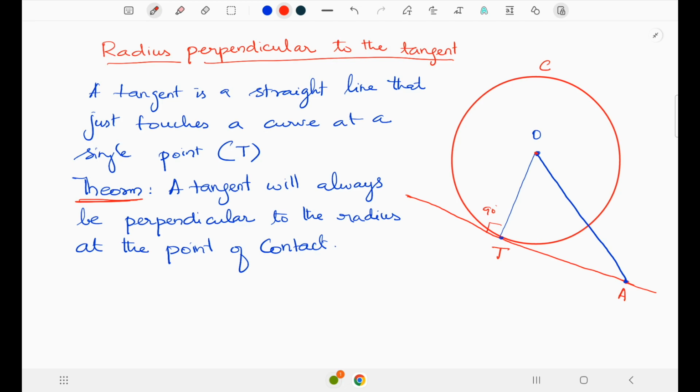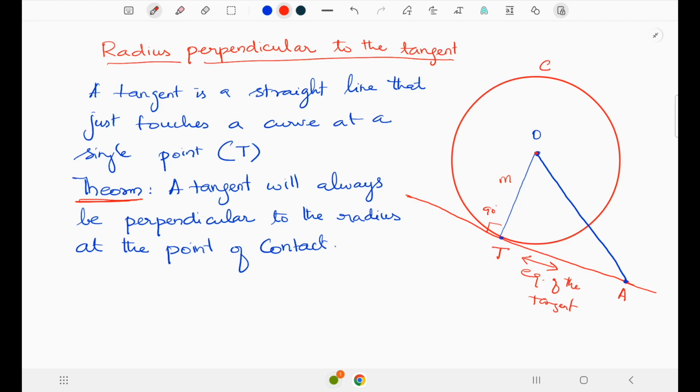So once we know the center point, we can derive the gradient of this radius. By the gradient of the radius, we can find the equation of this tangent, as we have seen in how we formulated the equation of the chord in the last video.